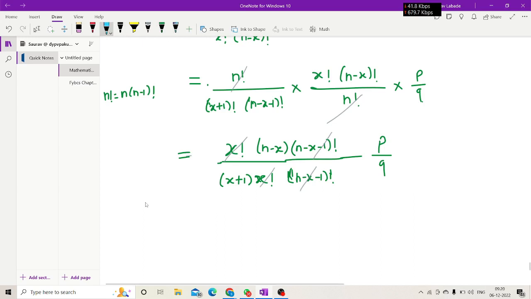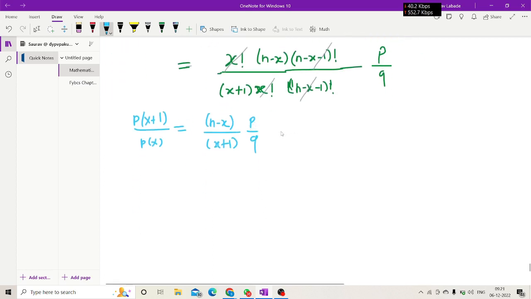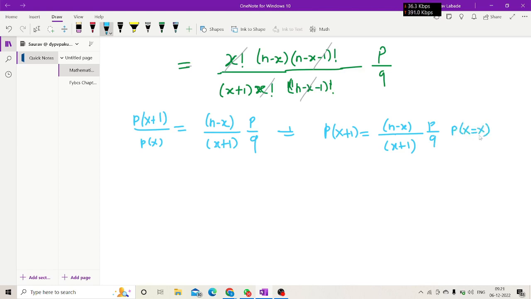So what is the recurrence relation? Probability of x plus 1 upon P of x will be equal to (n minus x) upon (x plus 1), multiplied by P by Q. This equation I can also write as probability of x plus 1 equals (n minus x) upon (x plus 1) into P by Q into probability of x.